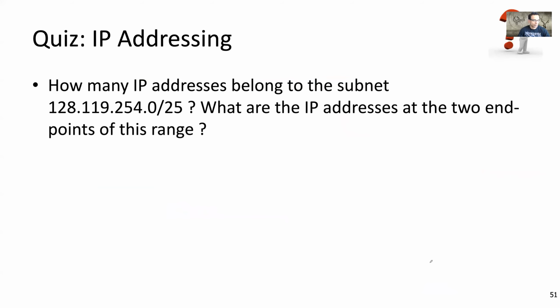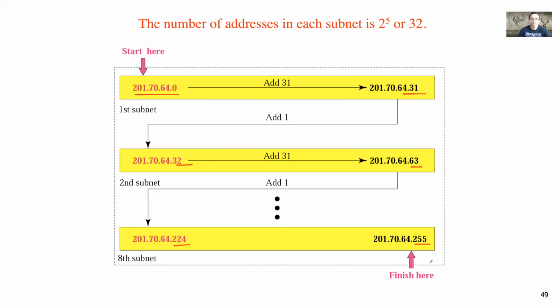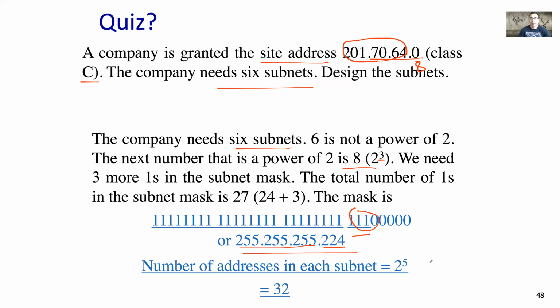There's a question: what would typically drive the decision to create X subnet? So that goes back to your internal setup. Hypothetically, let's say UNSW gets a class A address.